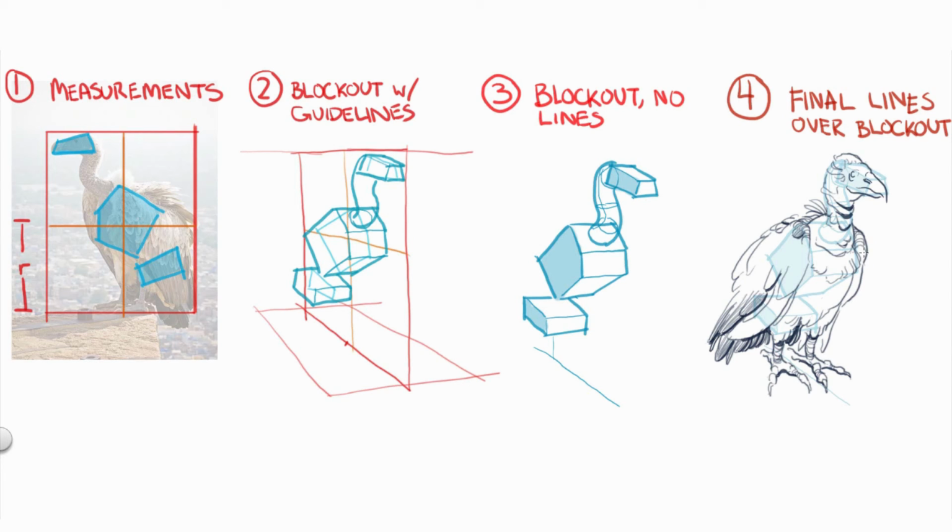Now more wrapping lines on that far wing and wrapping lines on the close wing. And the cast shadow of the wing onto the torso.